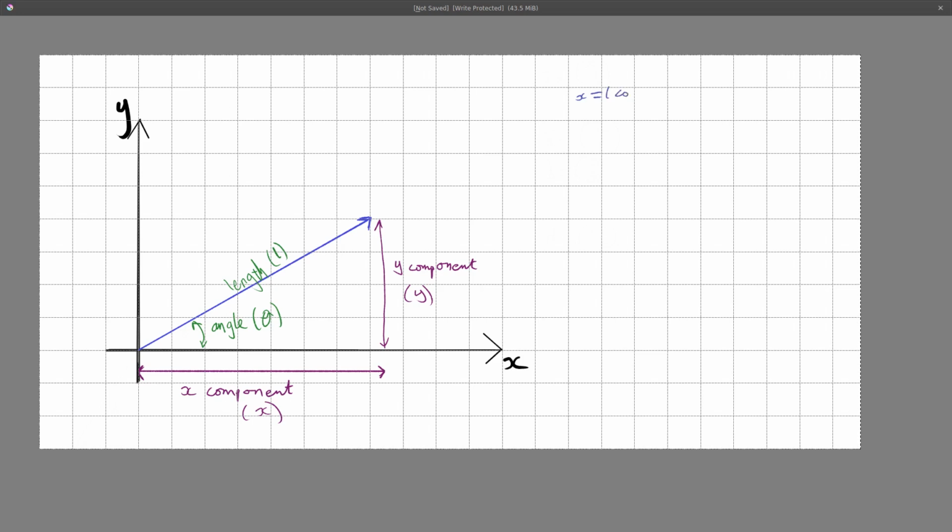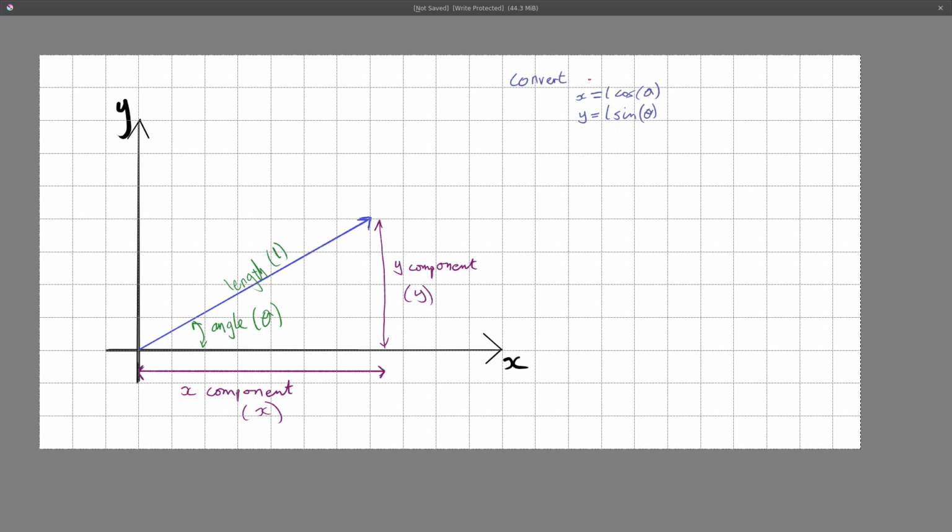So how can we relate the length and the angle to the x and the y components? We use trigonometry. X is the length times the cosine of theta, and y is equal to the length times the sine of theta. So this is how we can convert a length and an angle into an x component and a y component.